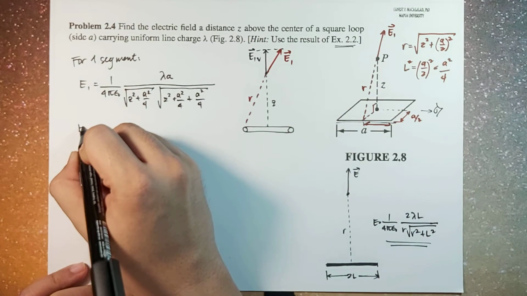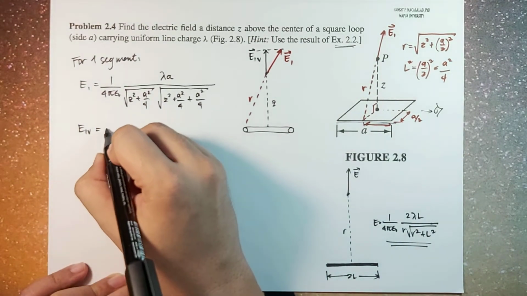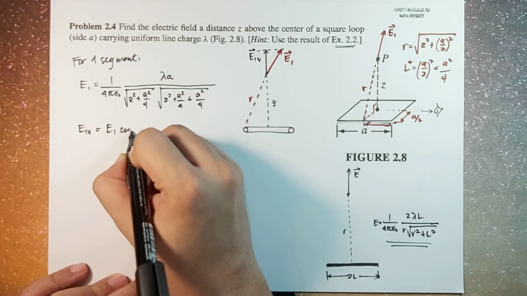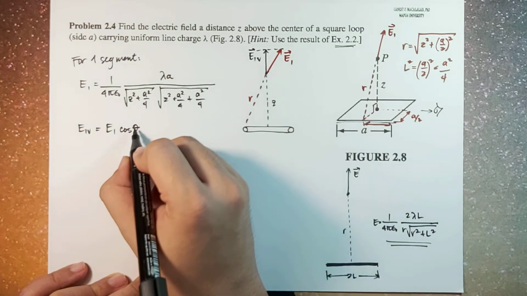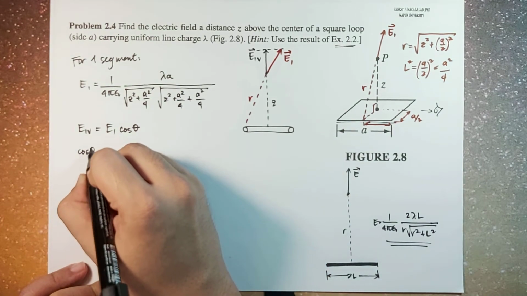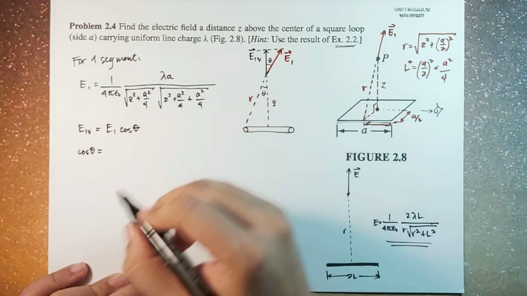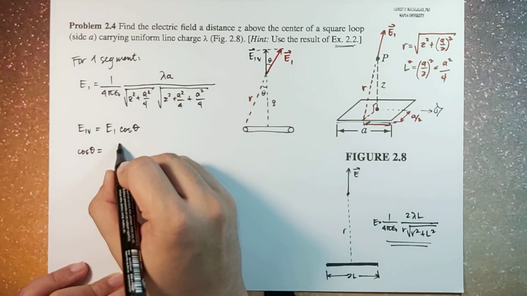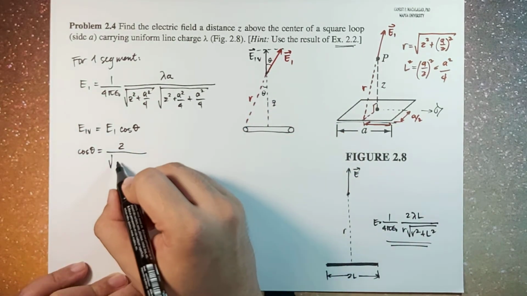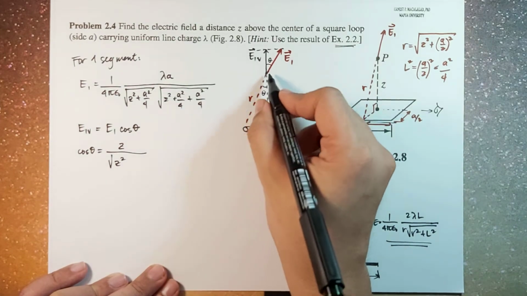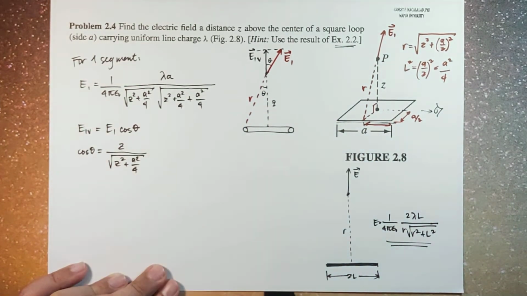So E1 vertical would be equal to E1 cosine theta. You know what cosine theta is? If this is your theta, this is also theta, so cosine theta becomes Z over the square root of Z squared plus A squared over 4.